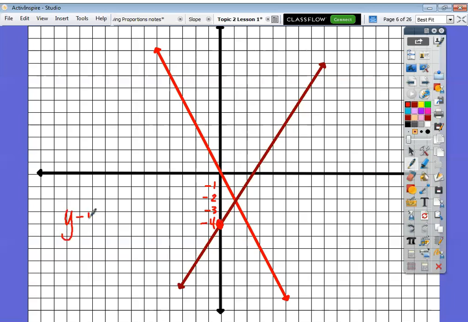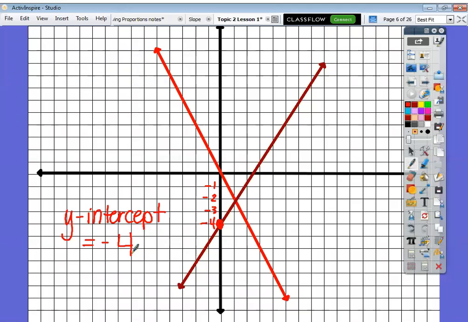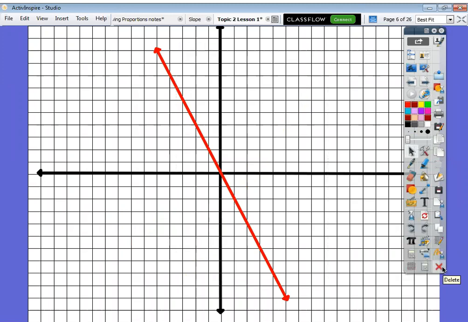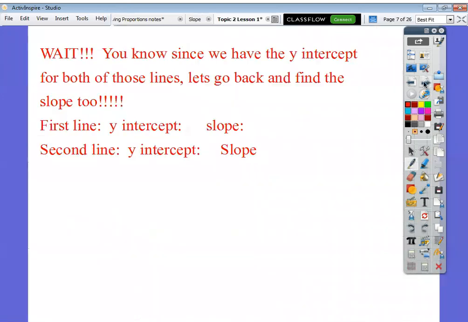So my y-intercept for that line is -4. That intercept is -4. Okay. All right. So let me get rid of this one because I don't want that one in there anymore. Okay. So ready? And this one was 0, right? The y-intercept was 0.